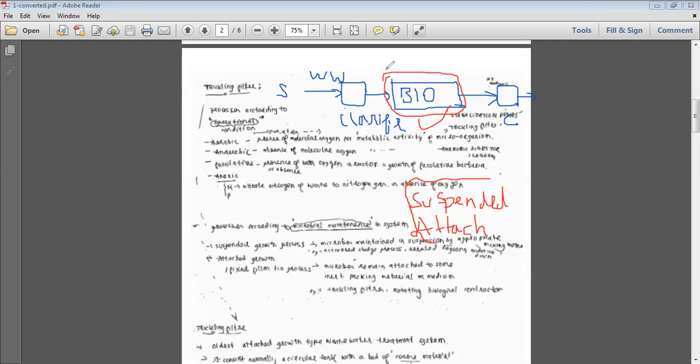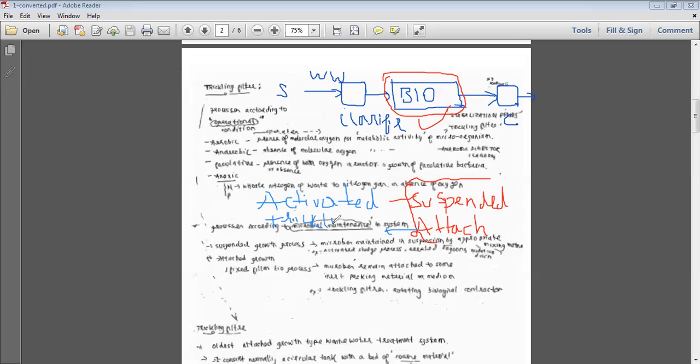Yesterday I talked about both. In the suspended growth process, I taught you about the activated sludge process, and for attached growth, I taught you about the trickling filter.